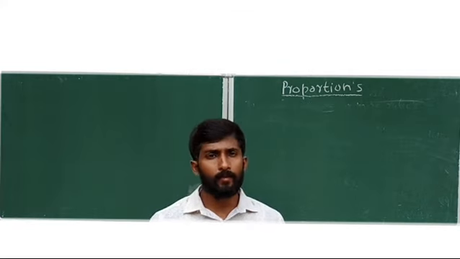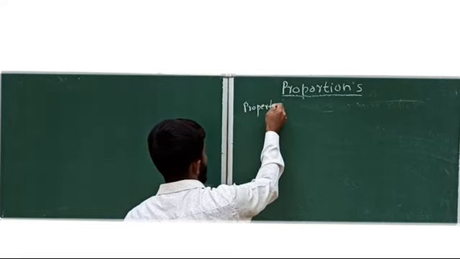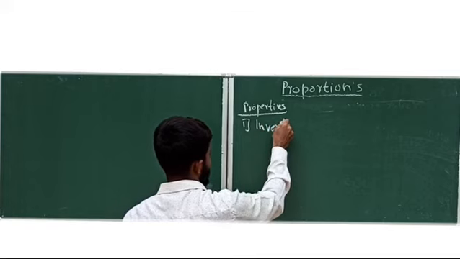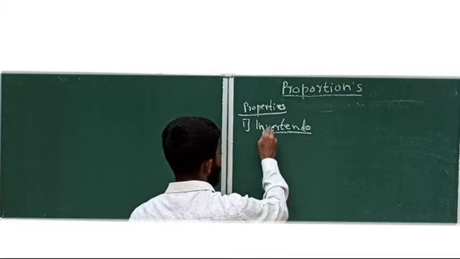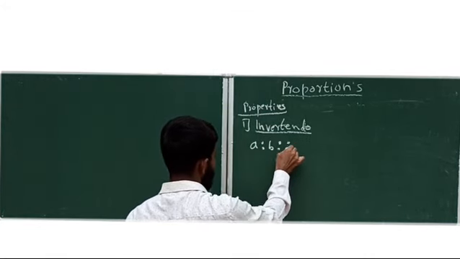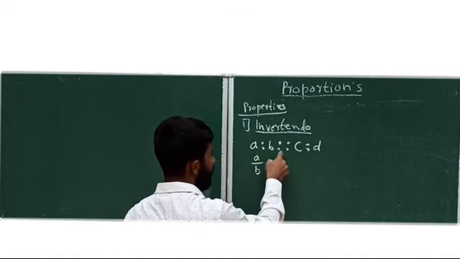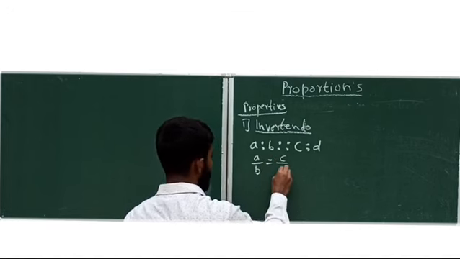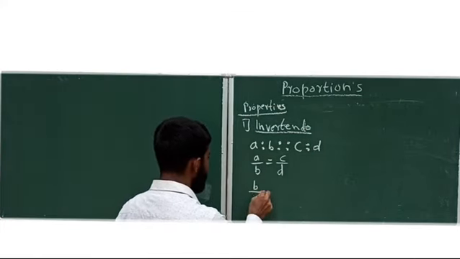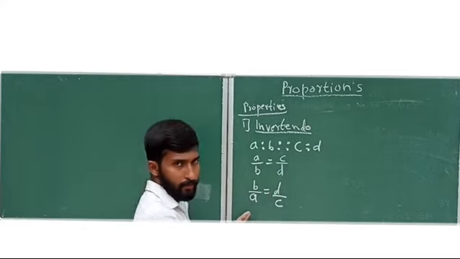Next is properties of proportion. First one is invertendo. Consider the proportion A ratio B is proportional to C ratio D. You can write it as A by B is equal to C by D. Now see, I am writing it as B by A is equal to D by C, taking the reciprocal.